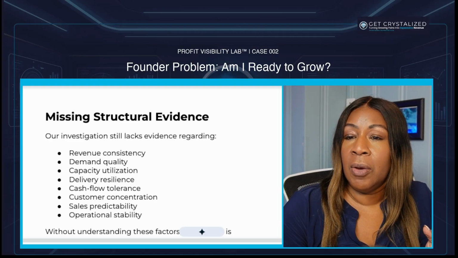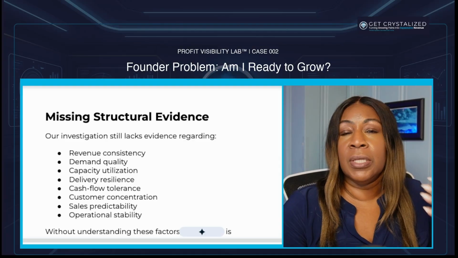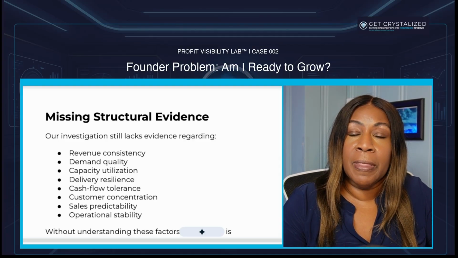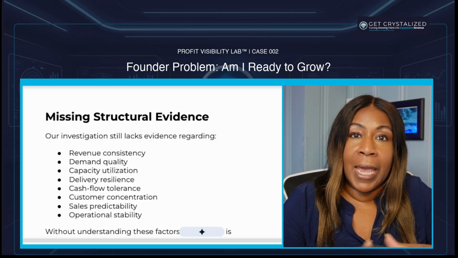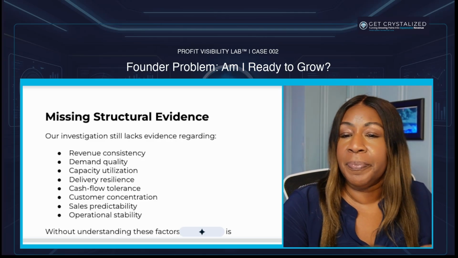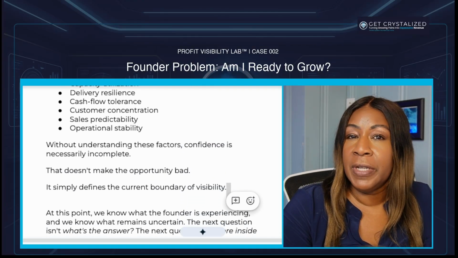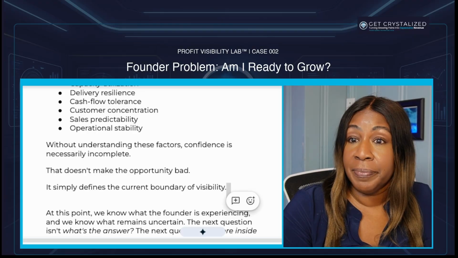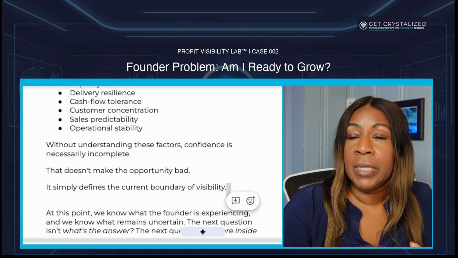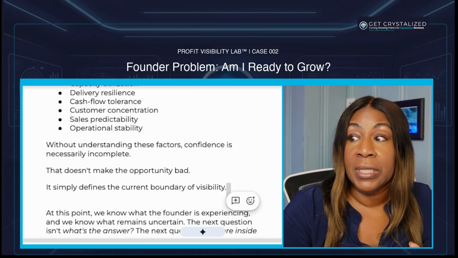We don't know delivery resilience, cash flow implications, or customer concentration, meaning how it's going to affect other things in the business. When we collapse all those into a single decision that says, woohoo, we got it, without understanding these factors, confidence is incomplete. That doesn't make the opportunity bad. It simply defines our current boundary of visibility, what we can see.